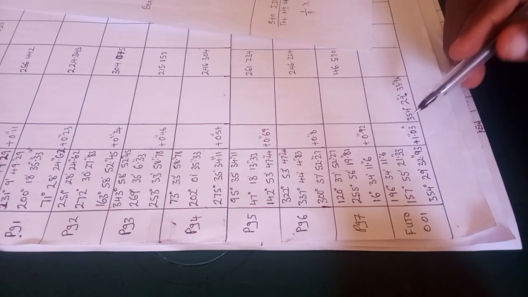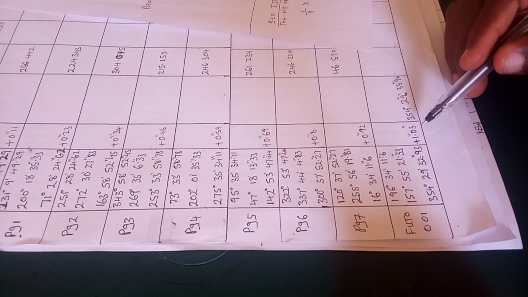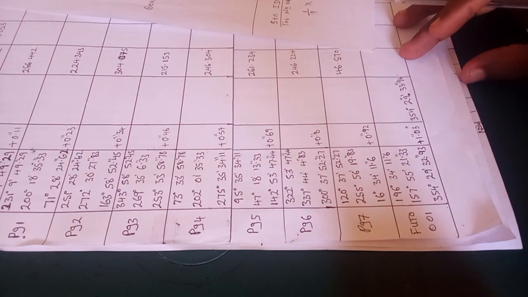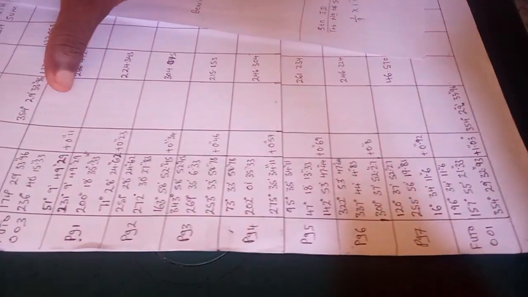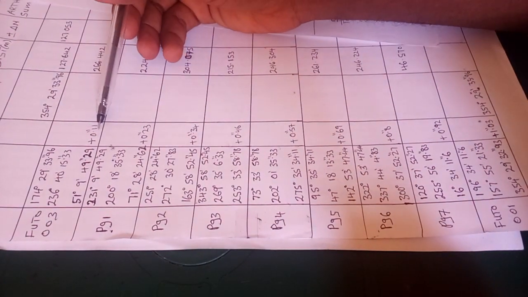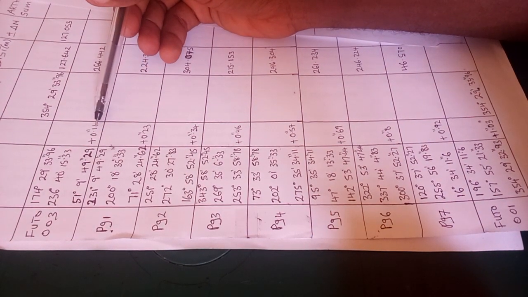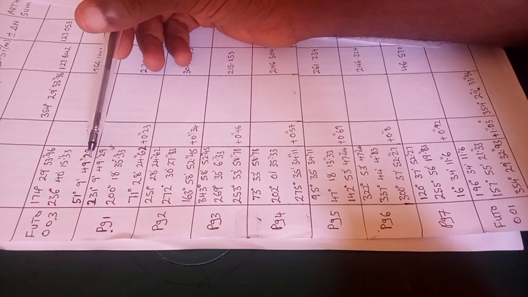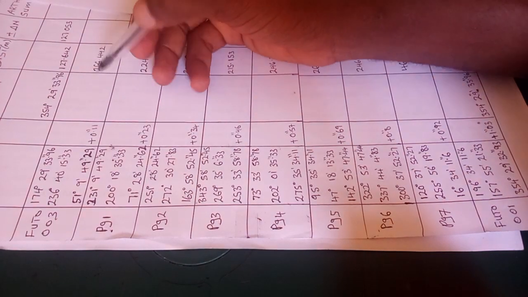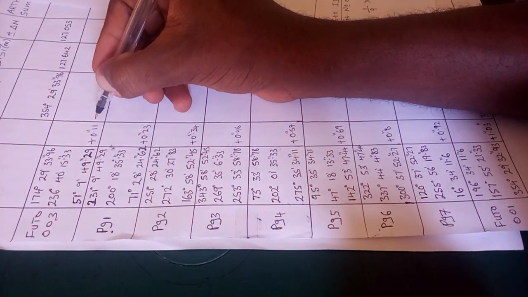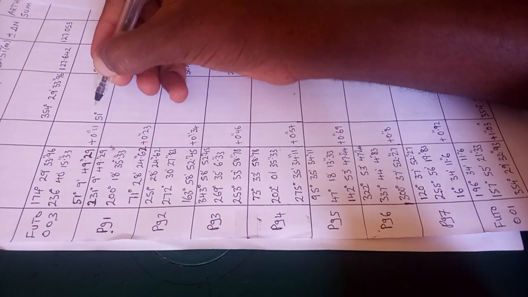So I'll just pen that down, which we've done earlier on. So all you have to do now is just add this error to each forward bearing. Just add 0.11 seconds to this, and you are going to have the corrected bearing for the station.